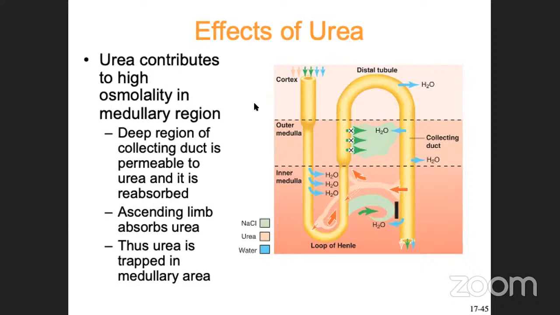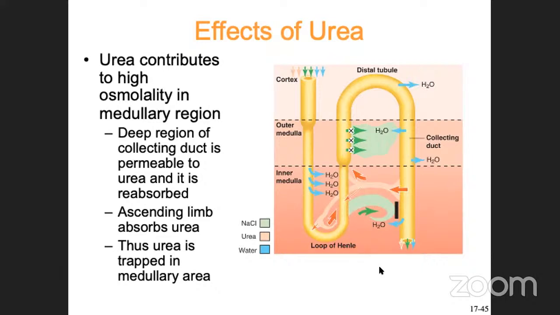The ascending limb absorbs urea, thus urea is trapped in the medullary region. Okay. You can see inside the picture the location where you can find the sodium chloride in green, urea in peach, and the water in blue.